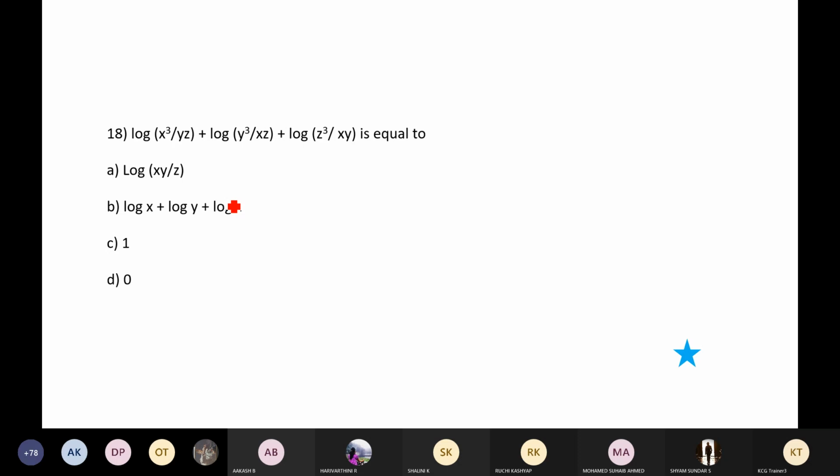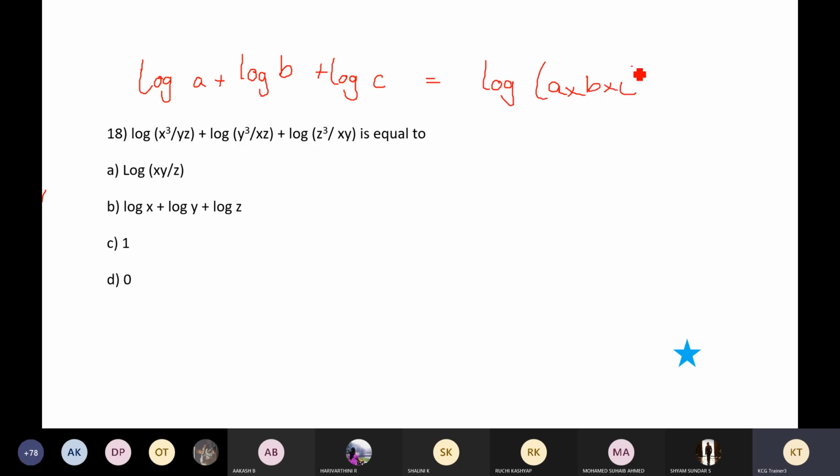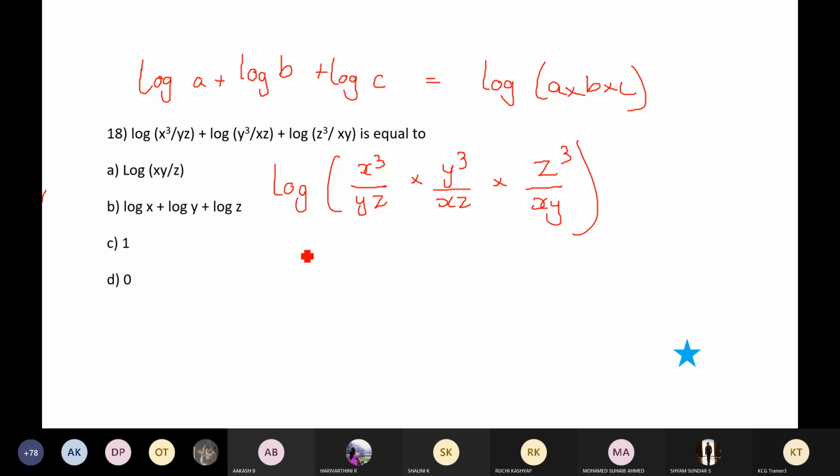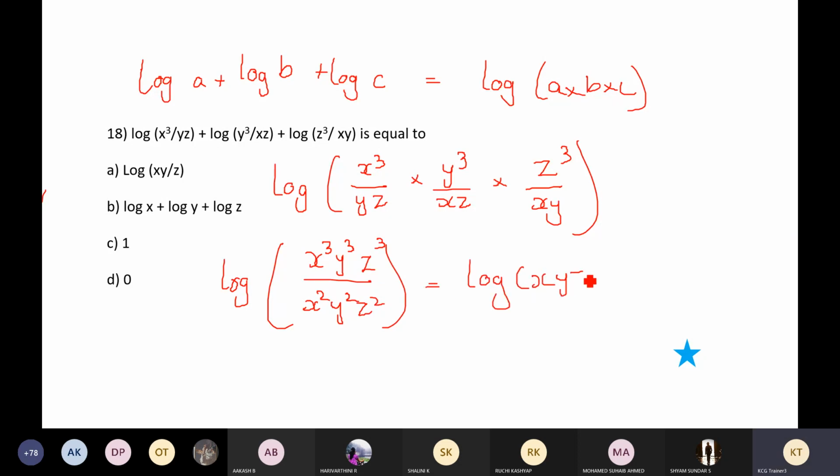Very good, Harivardhani, excellent. In this question, this is the format of log of A plus log of B plus log of C, which is actually equal to log of A into B into C. So I can write this one as log of x cube by yz into y cube by xz into z cube by xy, which is actually log of x cube y cube z cube divided by x square y square z square, which is actually log of xyz.